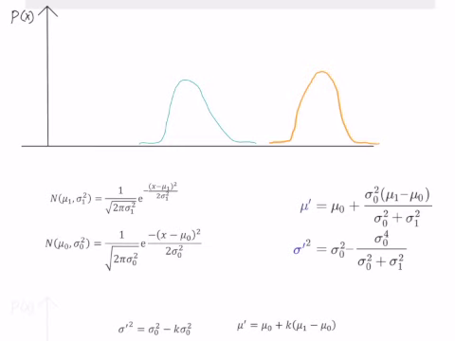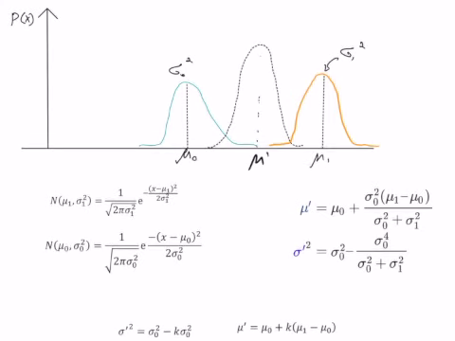Let's start. If you remember, when I have two Gaussian distributions, one around mu0 and the other around mu1, one with a variance of sigma 0 square and one with a variance of sigma 1 square.